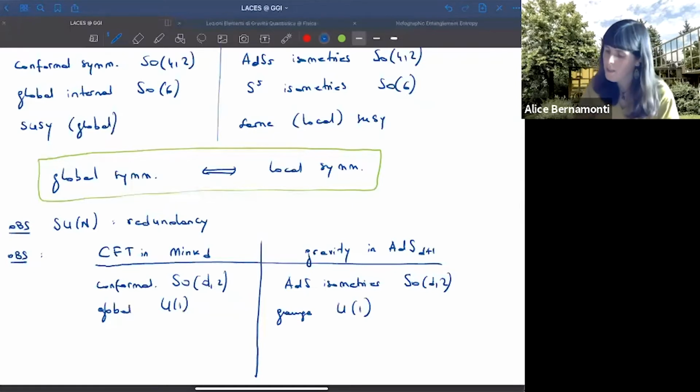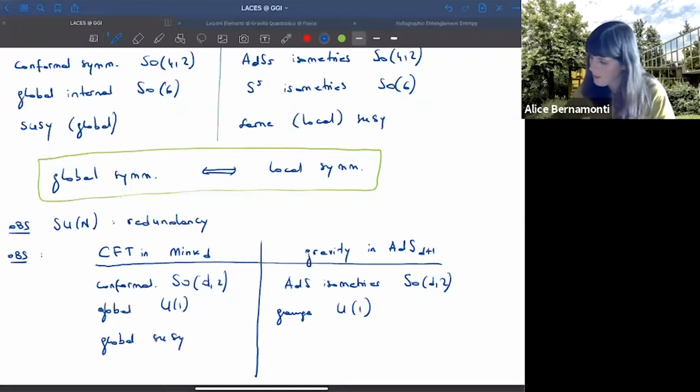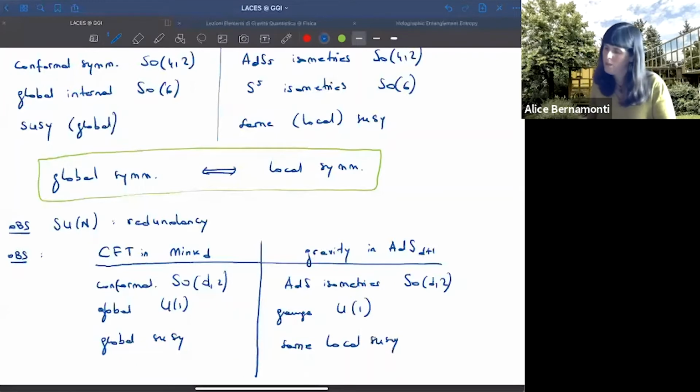And finally, if we also have some amount of global supersymmetry, this will map to the same amount of local supersymmetry. And so that's what is realized in general. Good.